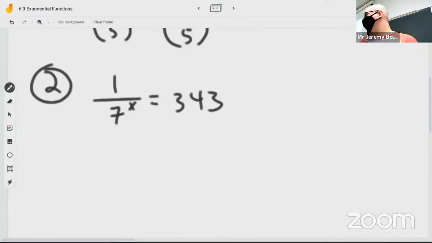First question we gotta ask, so what base are we gonna use? 7. We can represent 343 as 7 to the what? 3rd power, yep. And so can we make that 1 over 7 to the x 7 to some power?